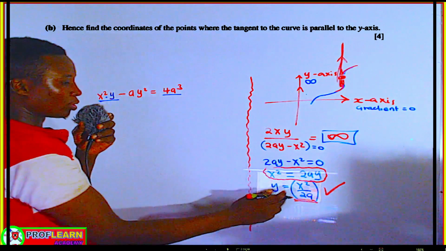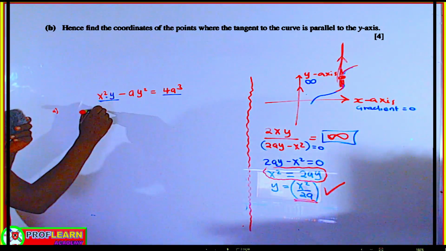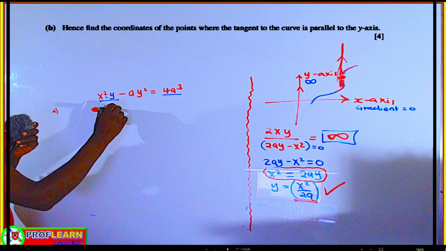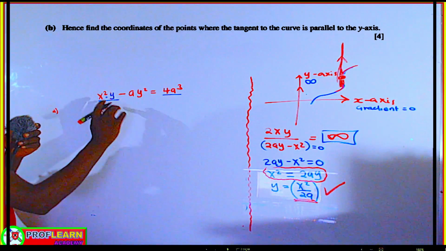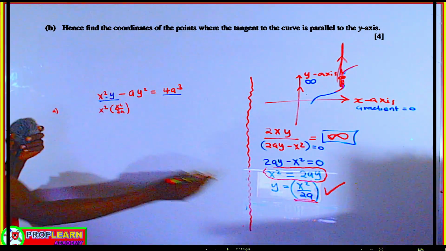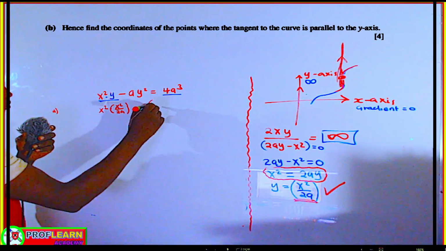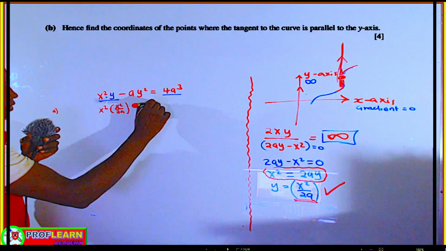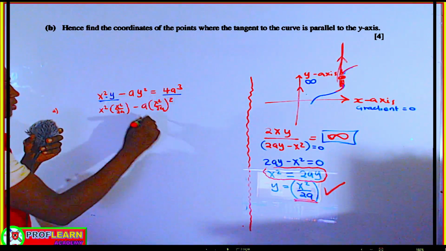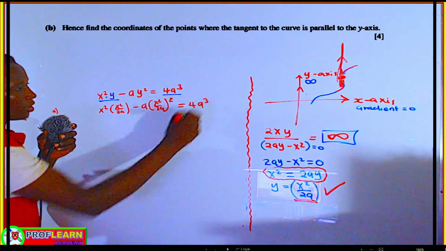So here we have x squared, minus a times x squared over 2a, but that 2a is actually squared because y is squared here, equals 4a cubed.